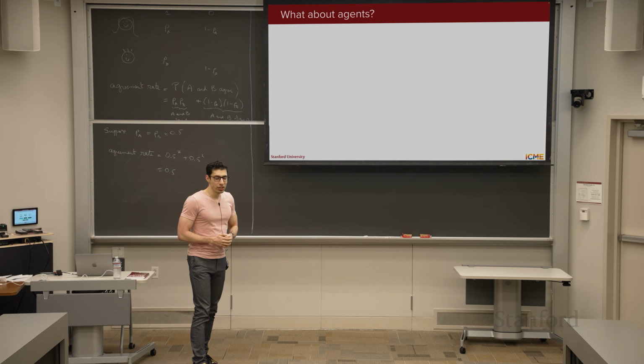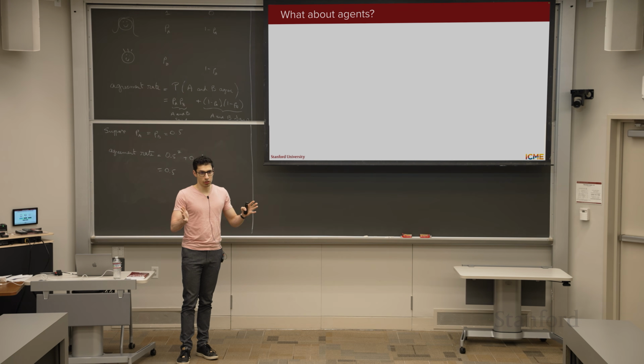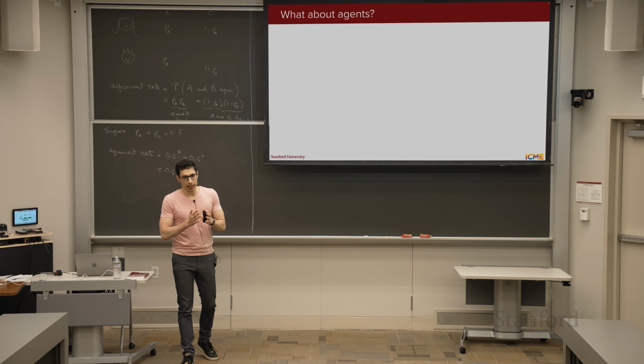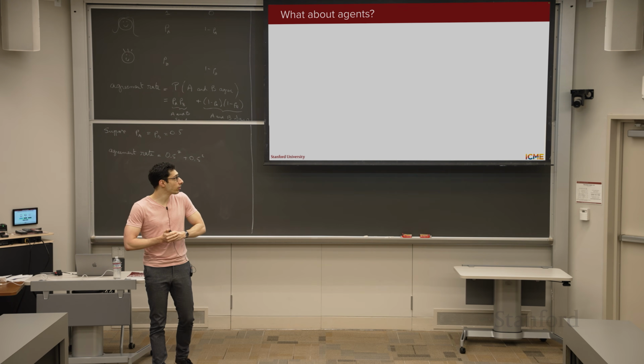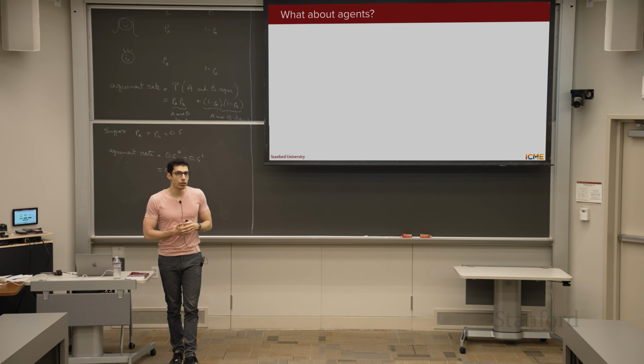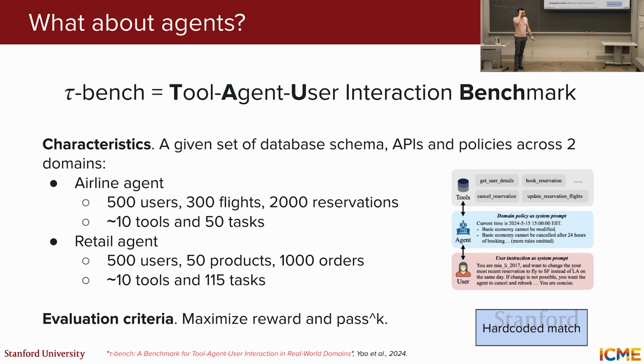OK, great. So I mentioned everything so far that you could solve without tools. Of course, some of them you could use tools to solve. But what about measuring the behavior of agents? Here, you have an interesting benchmark called tau-bench, where tau is a Greek letter that you can write as tool agent user, and this is why we say tau.